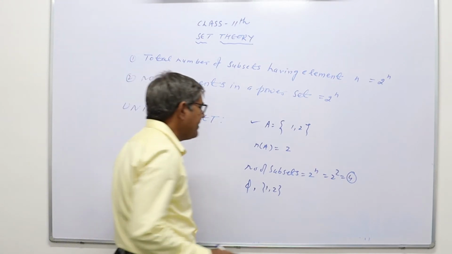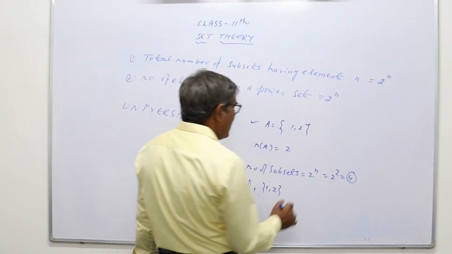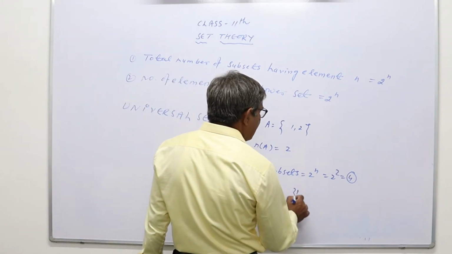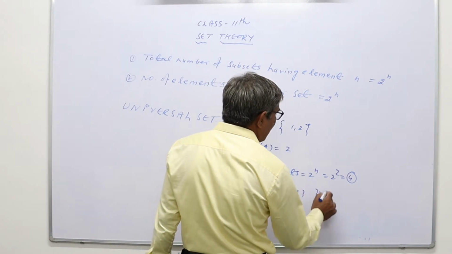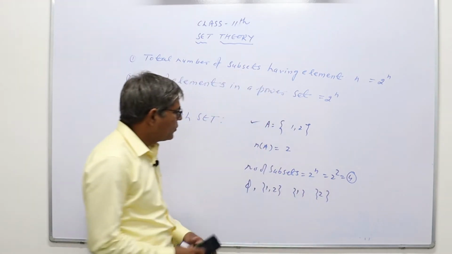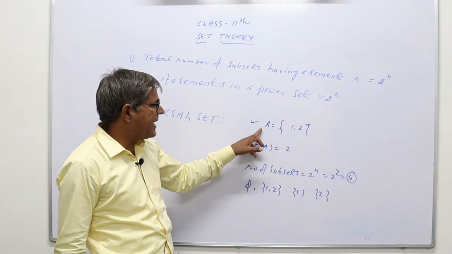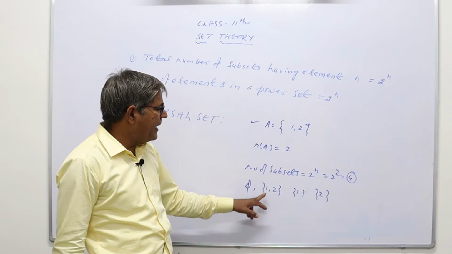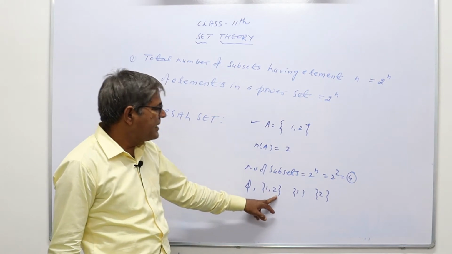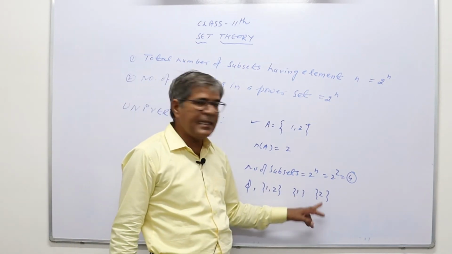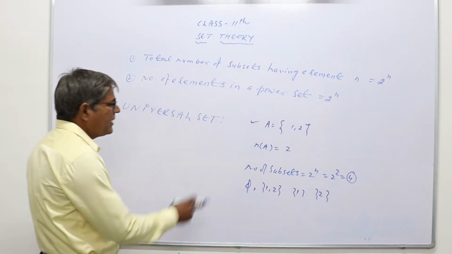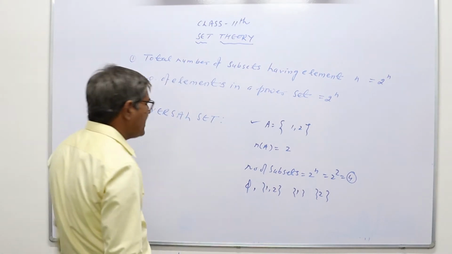Now one more set we can write having element 1, and one more having element 2. So these are the 4 subsets of the given set A: phi, {1, 2}, {1} and {2}.